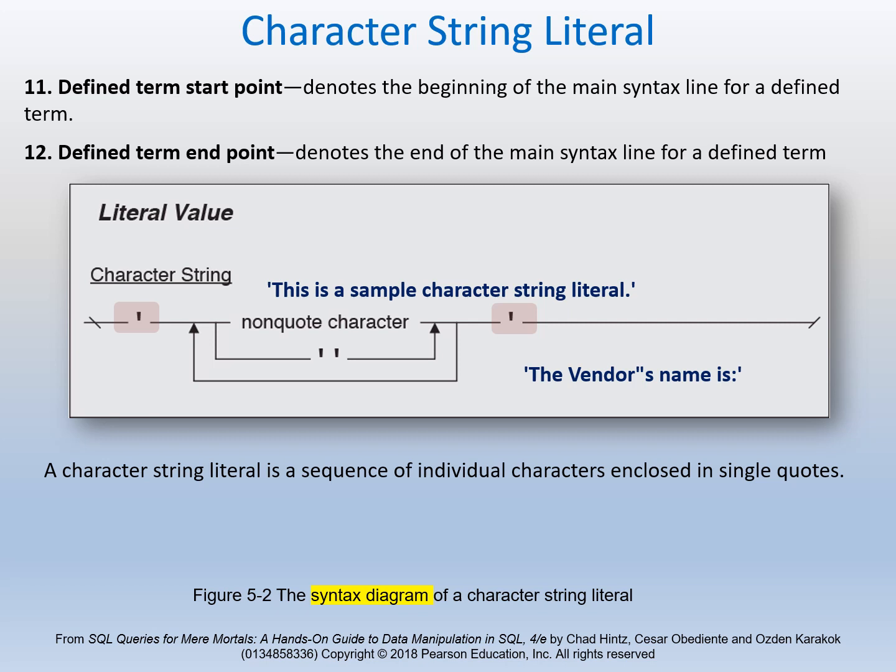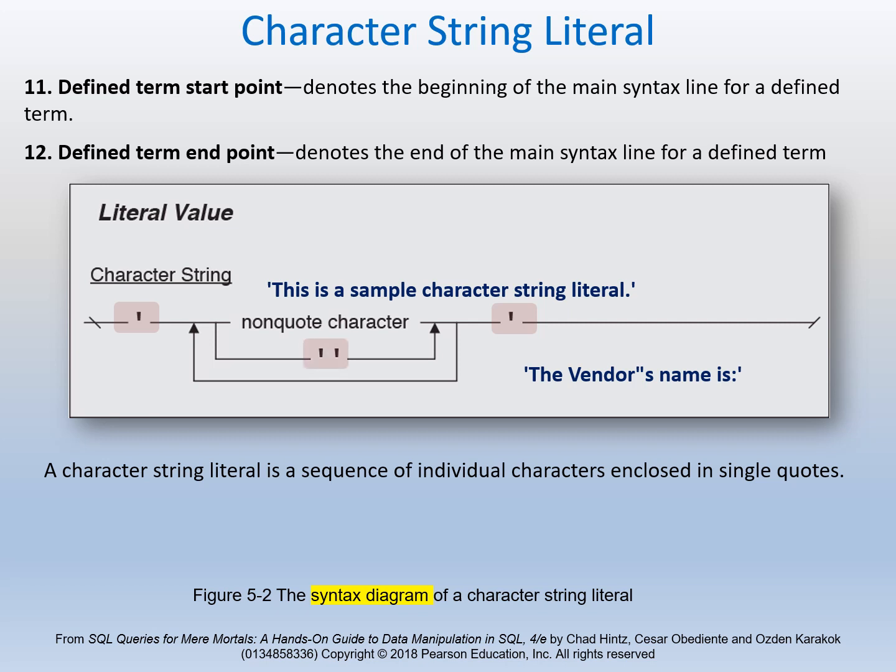Here you see an example. The vendor's name is with double quotes for the space between R in vendor and S in vendor to indicate that this is not a quote that is used to denote the string literal. It is a quote that is part of the string literal.